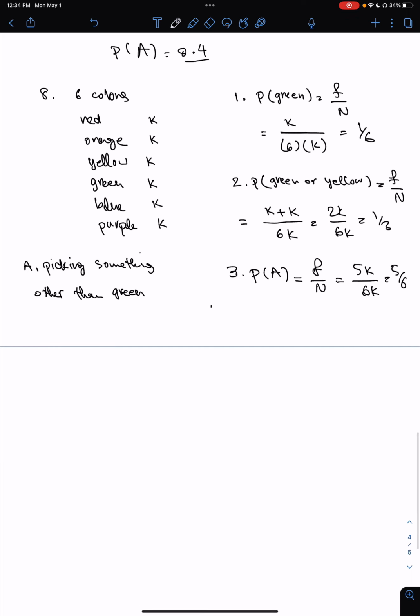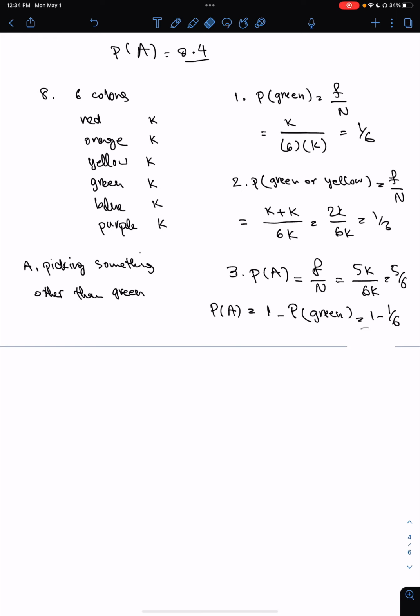Another way is that P of A is 1 minus P of picking green, which is 1 minus 1 over 6, which again is 5 over 6.